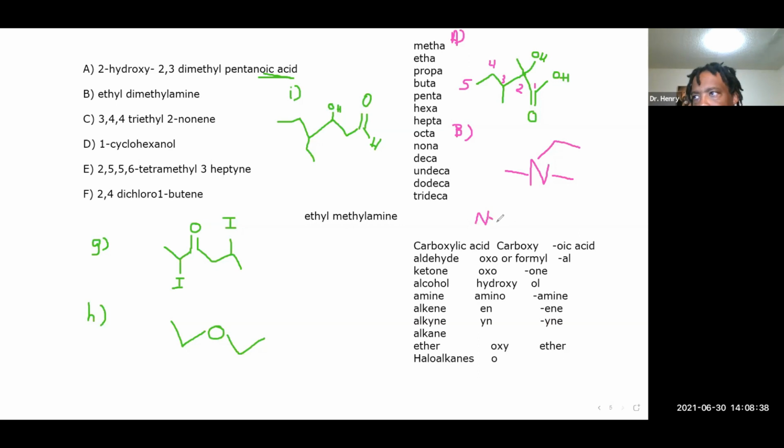N, you'd have an H here, where it's attached to an H. You'd have your methyl, and you'd have your ethyl. Or you'll see it sometimes just written as NH, like this, with your ethyl and your methyl. But you'll see it both ways.